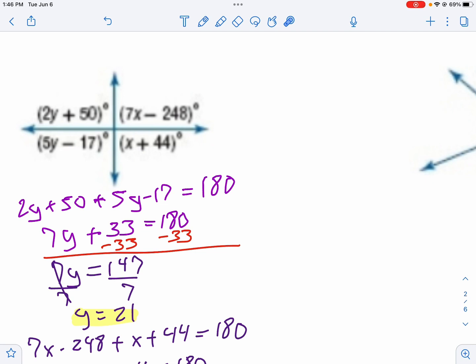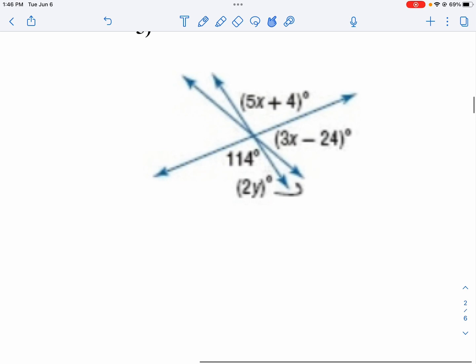Now if we take a look at the next question, we've got an x and y in here and we have to figure out what's going on. First off, look for your vertical angles. If I trace the sides that make 5x plus 4, notice 5x plus 4 and 114 are the same because they're vertical angles.